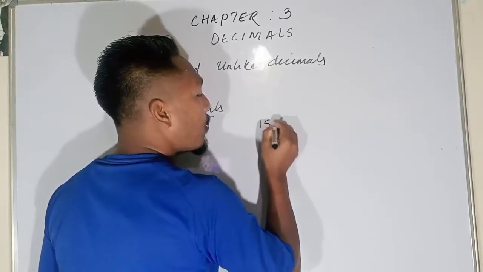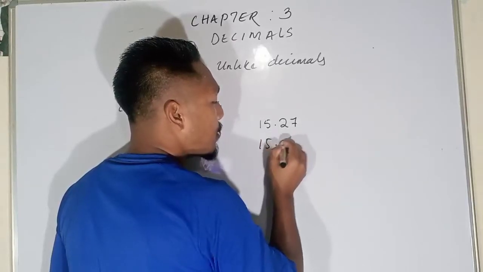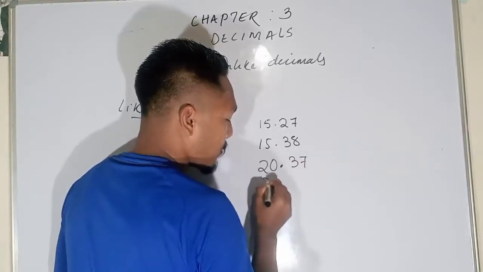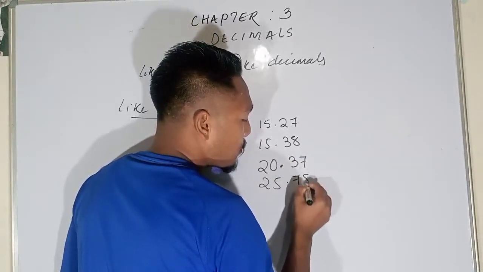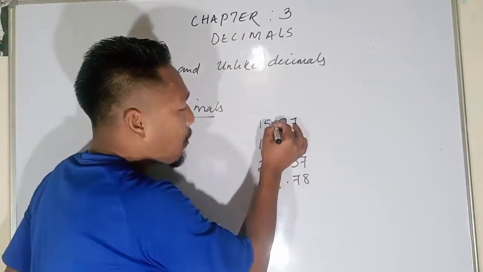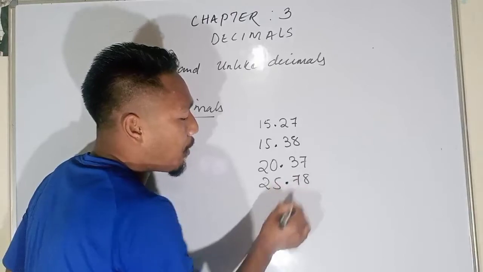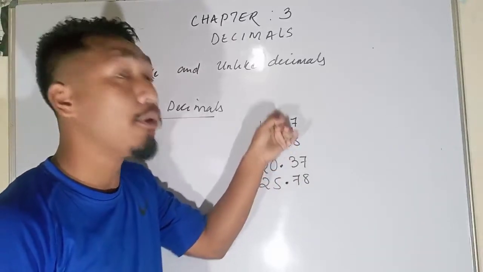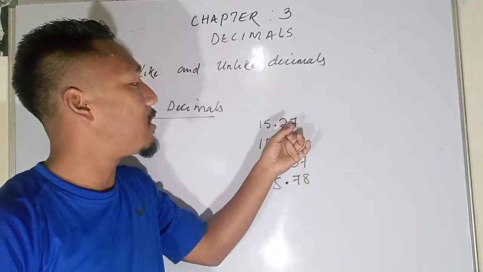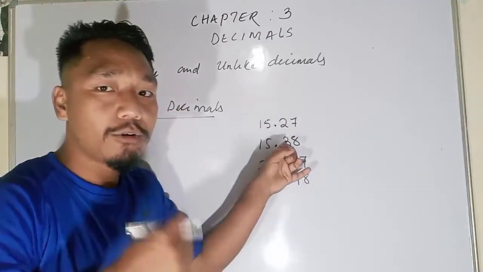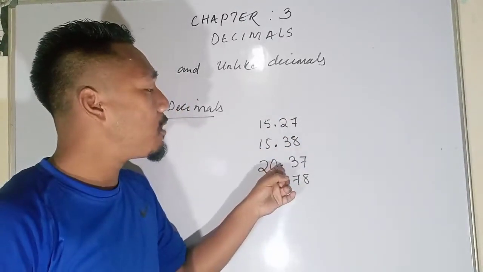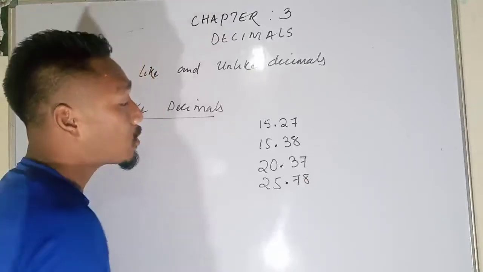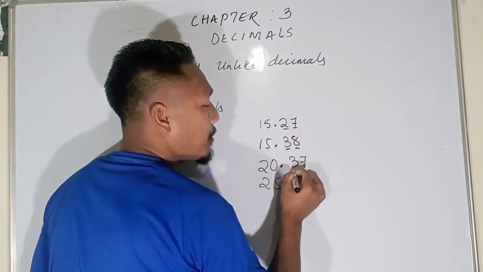Example: 15.27, 15.38, 20.37, 25.78. You see, after the point we read 15 point 27, not as twenty-seven hundredths but digit by digit. 15 point 38, 20 point 37, 25 point 78. So you see, after the point we have two digits each.